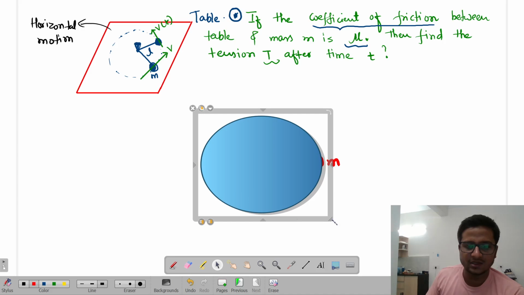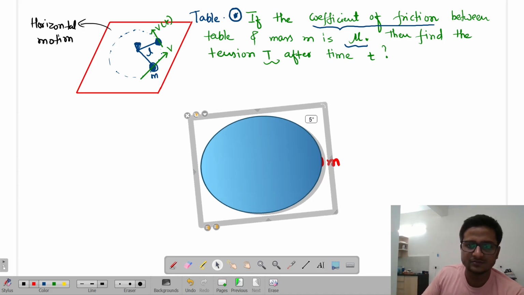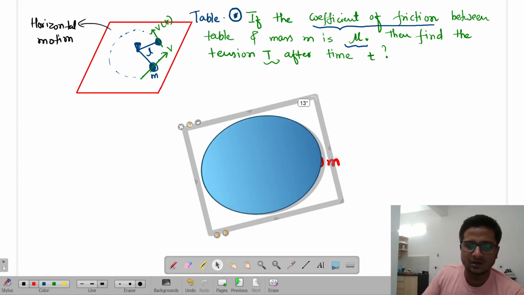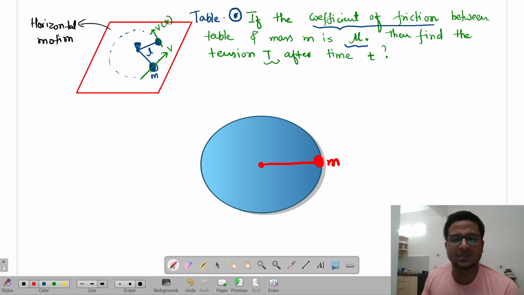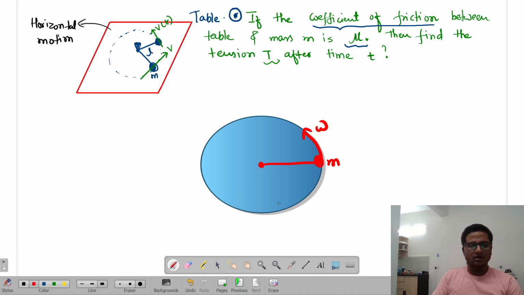I can rotate it, but it will not give me anything, so leave it. This is my mass m, which is attached over here. This is doing the circular motion this way. Now this is perfectly horizontal, so what will happen? There is no such component of mg or something like that, isn't it?